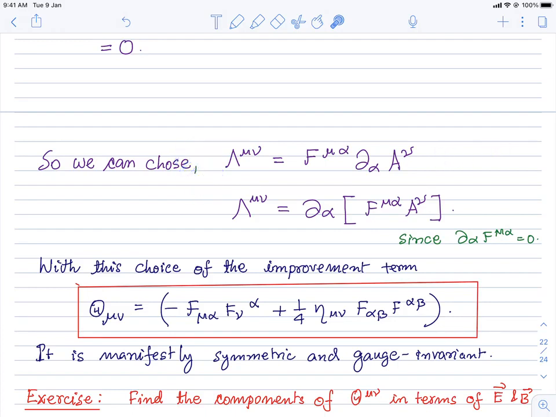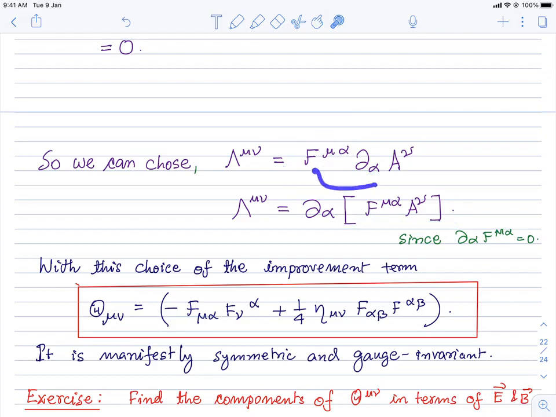But now this lambda is chosen this way, and we can also see that this lambda is not only an object whose divergence vanishes, but also a total derivative, because you can pull the derivative outside, and when the derivative acts on F^{μν}, it vanishes because of the equation of motion.